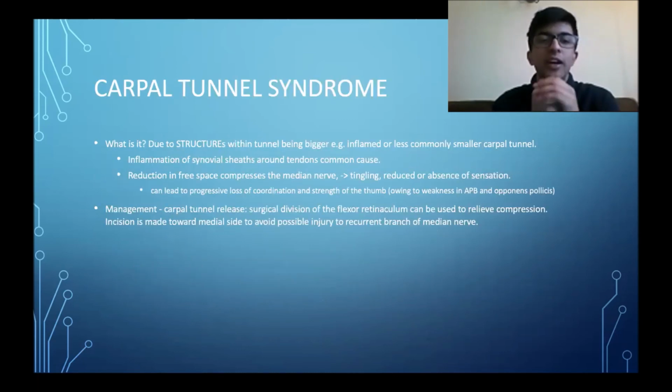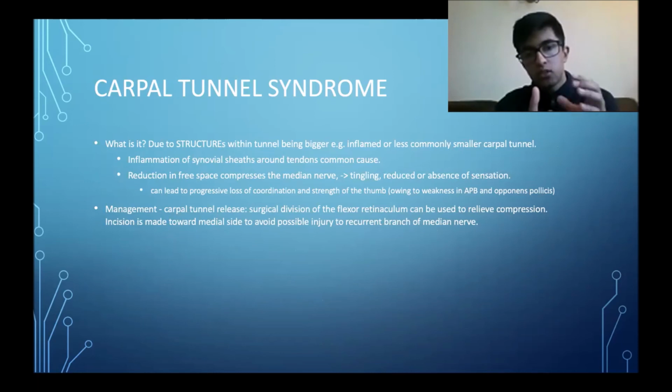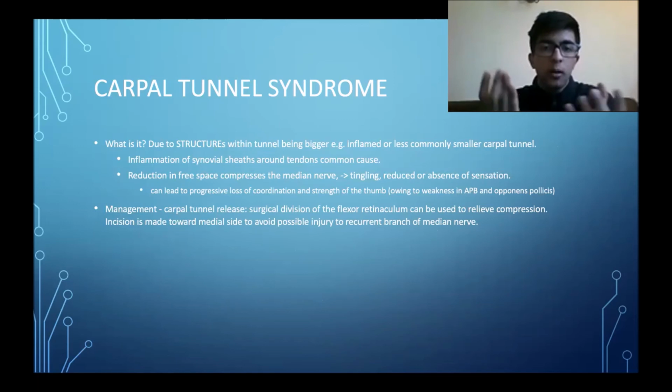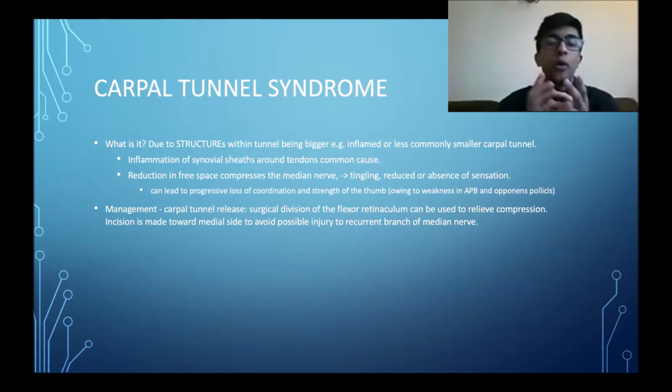Next slide, please. Okay, this is carpal tunnel syndrome. So what is carpal tunnel syndrome? I've already mentioned this, which is perfect. The inflammation of the muscles or any structure makes the structures within the tunnel bigger, and that means the tunnel's compressed, these muscle sheaths. So you have a reduction in free space that compresses the median nerve, that causes tingling, reduced or absent sensation, and that can lead to progressive loss of coordination and strength of the thumb, because the median supplies the APB and the opponens pollicis.